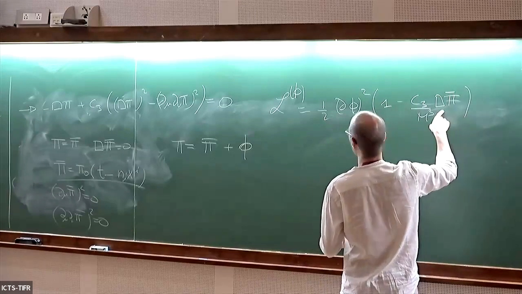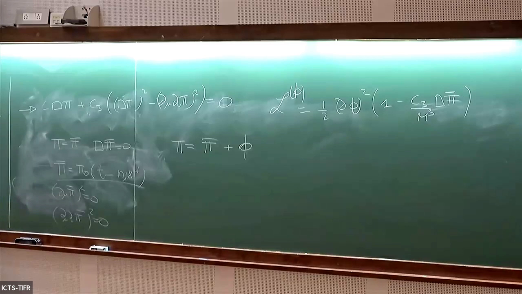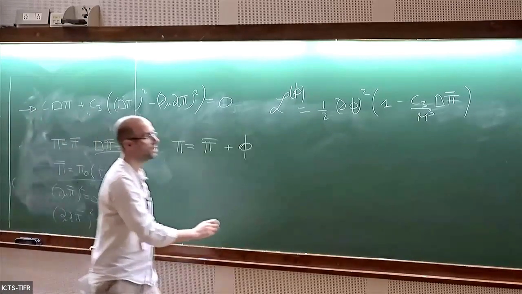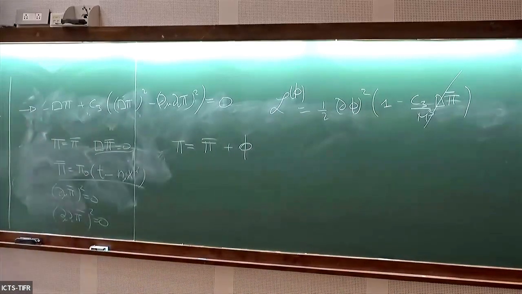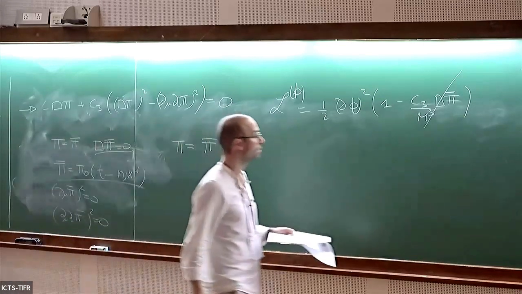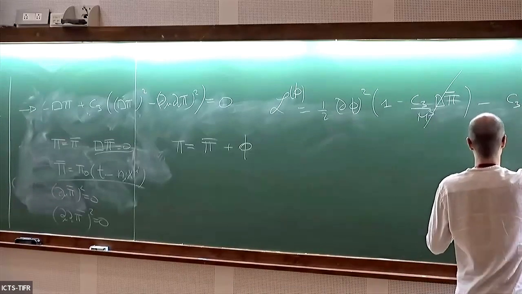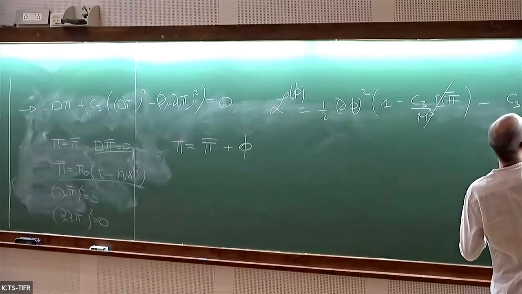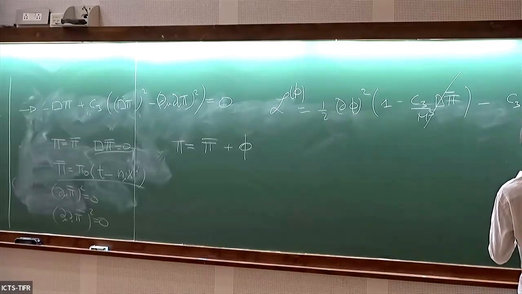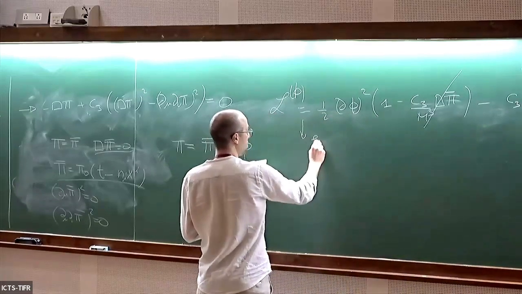So one is this one, where you put the background here, but box pi is 0, so this term is going to vanish. And the other one is when you put one background here, one perturbation here, another perturbation here. So you have two choices. You get minus C3 d mu pi bar, d mu phi box phi. Okay, so that as equations of motion.